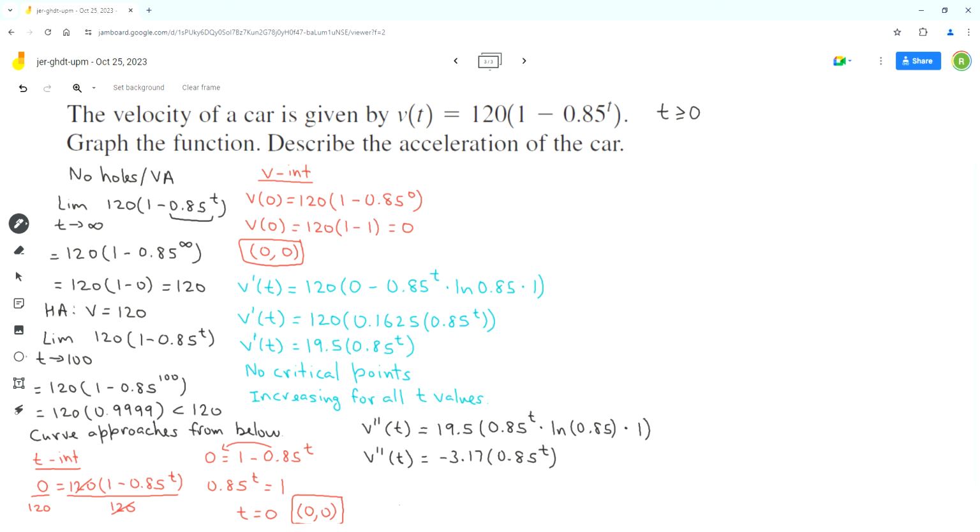So this is the expression for the second derivative. Now no t value will make the second derivative equal to 0 or undefined. So that means this velocity function has no inflection point.